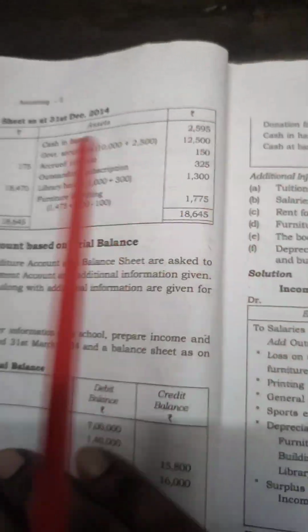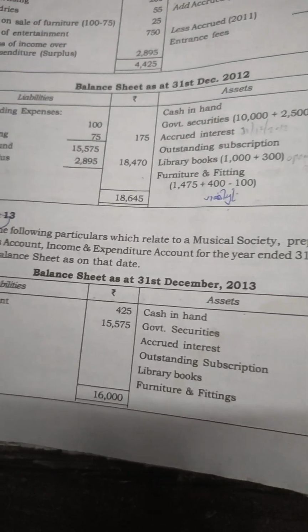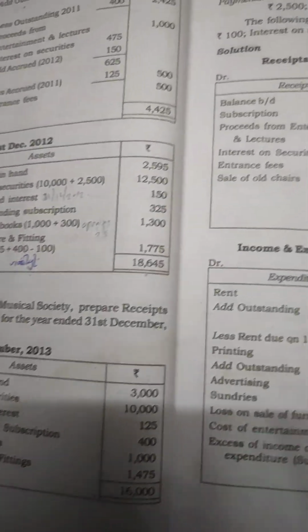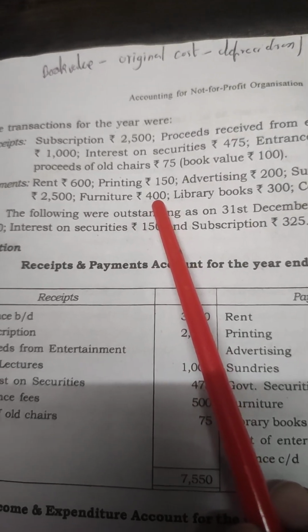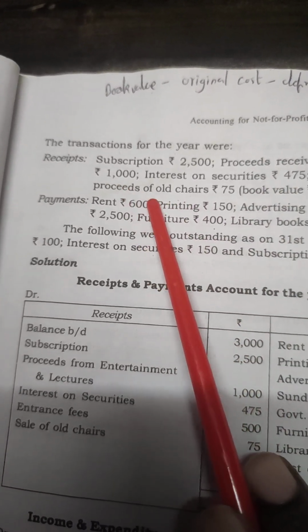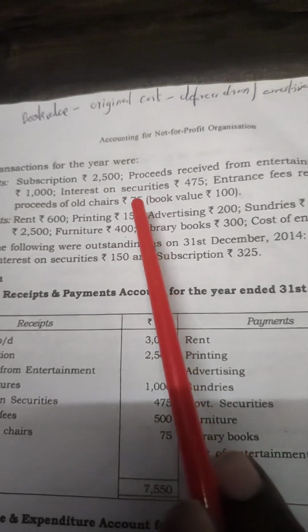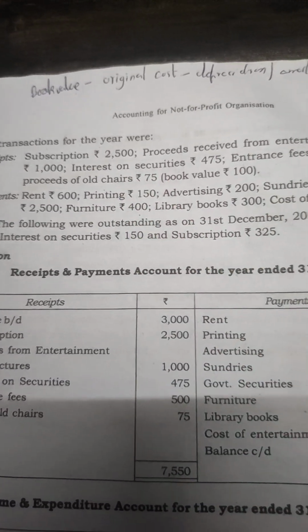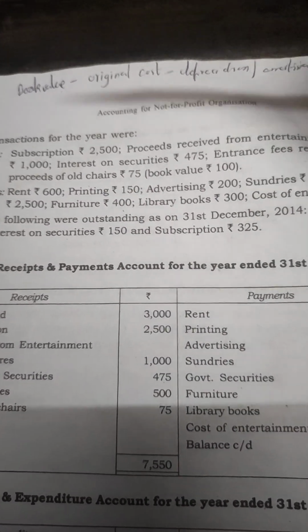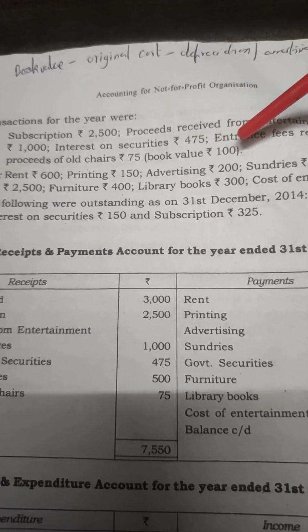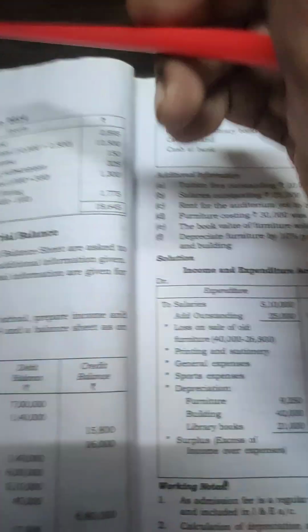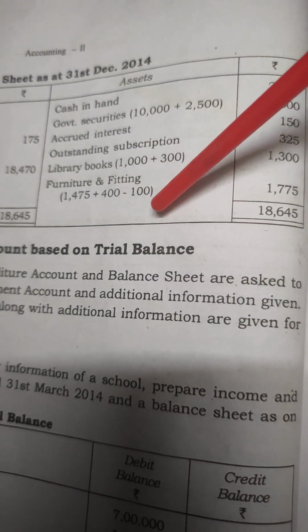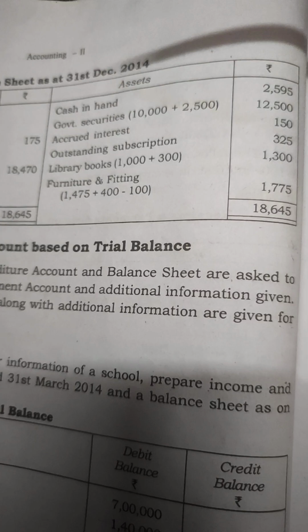Furniture and fitting, previous year's amount 1475, this year's 400, and we have sold a chair worth 100 rupees, but we have to reduce that 100, not the sale amount.